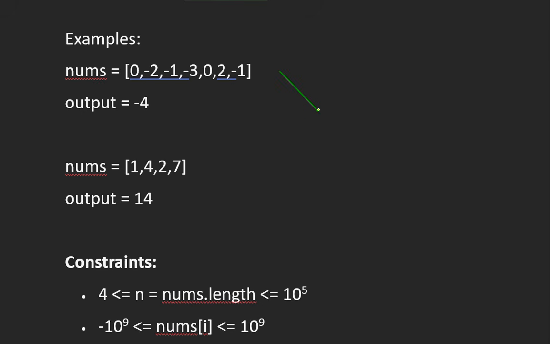Yeah, 0, -2, then... wait. So from 0 to -2 it will decrease, then increase, then again decrease, increase, then again increase, and then decrease. So basically it is somewhat like this.